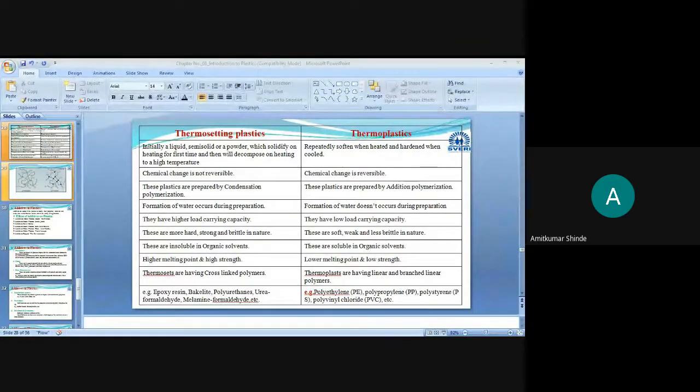And also, please draw the diagram for your reference purpose. After this, I will switch towards the next slide containing the diagram. Please draw that diagram also.